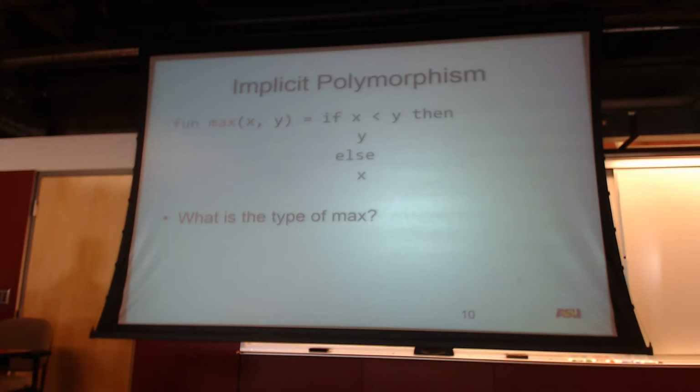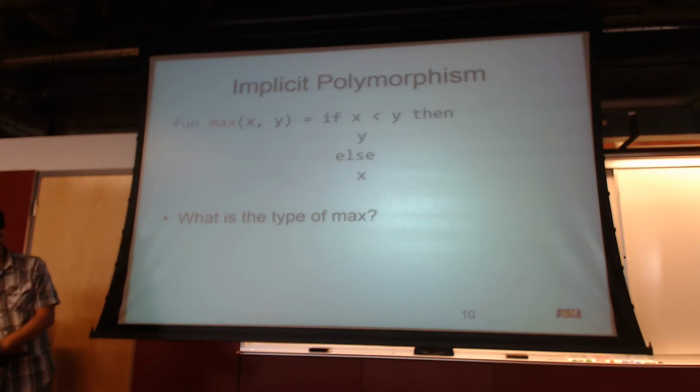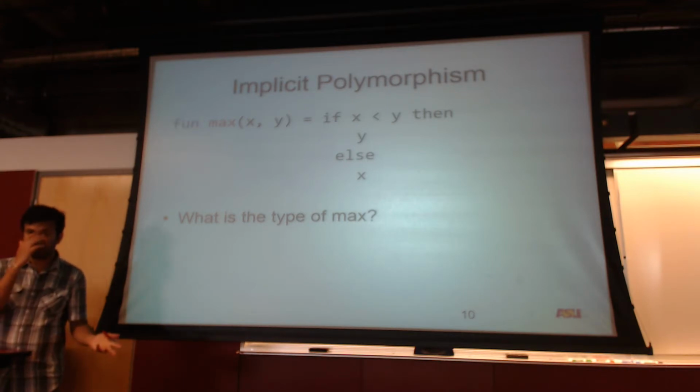Int? No, give a generic type. Now, can you compare a string with a string using the less than operator? Yes, you can. In C, you cannot. In some languages, you might be able to.